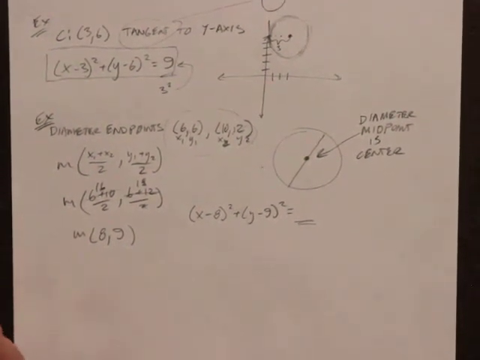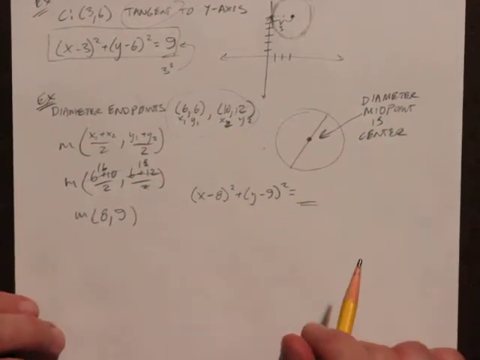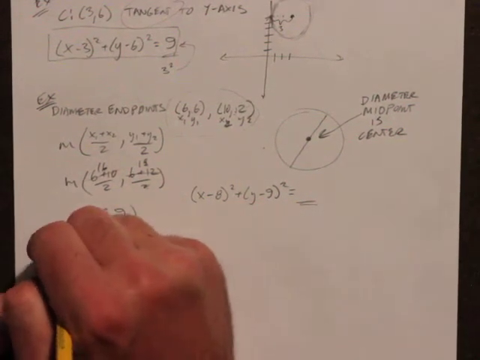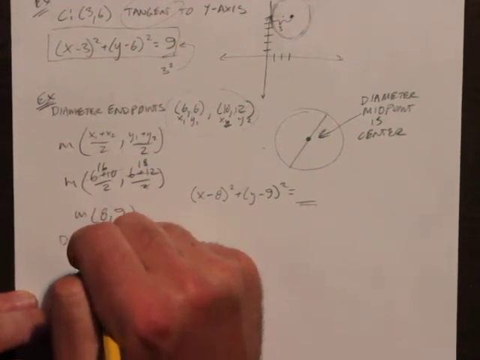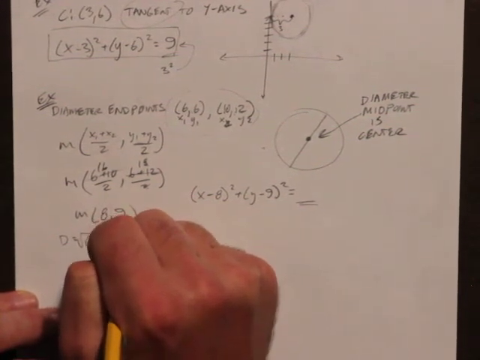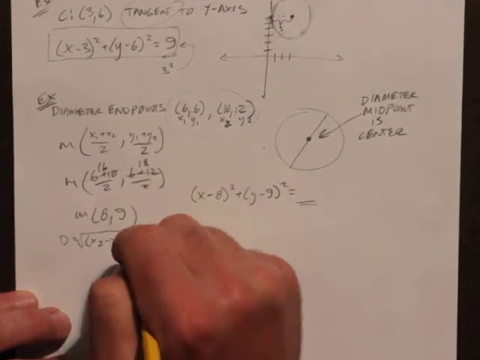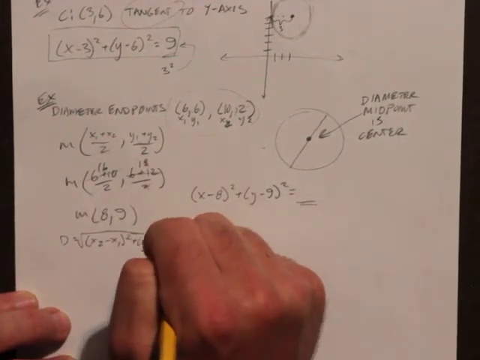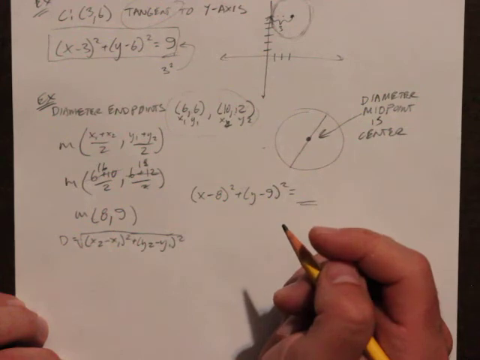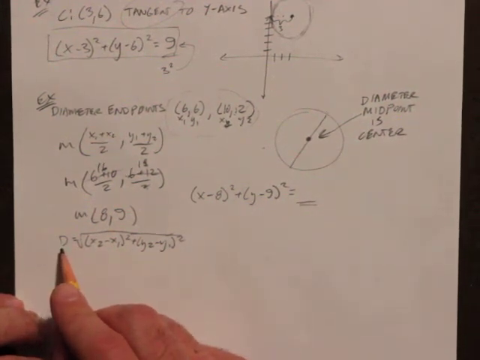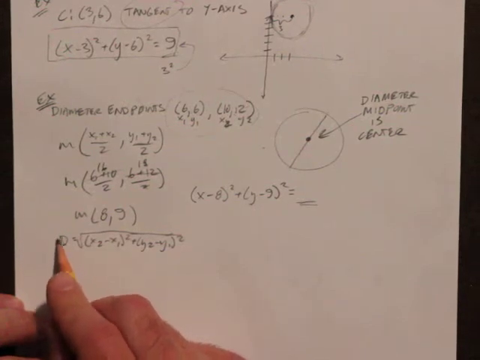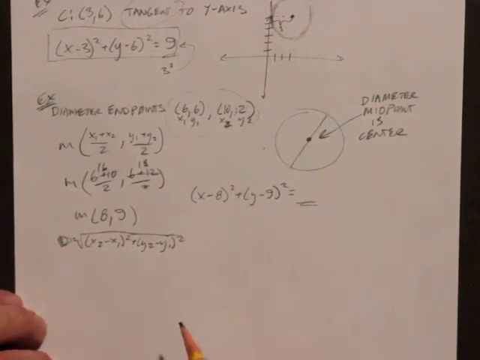Oh, the distance formula. What is the distance formula? Remember, the distance formula is the square root of x2 minus x1 squared plus y2 minus y1 squared. That's going to get me the distance, and it's going to get me the diameter as well. And then we can cut that in half.